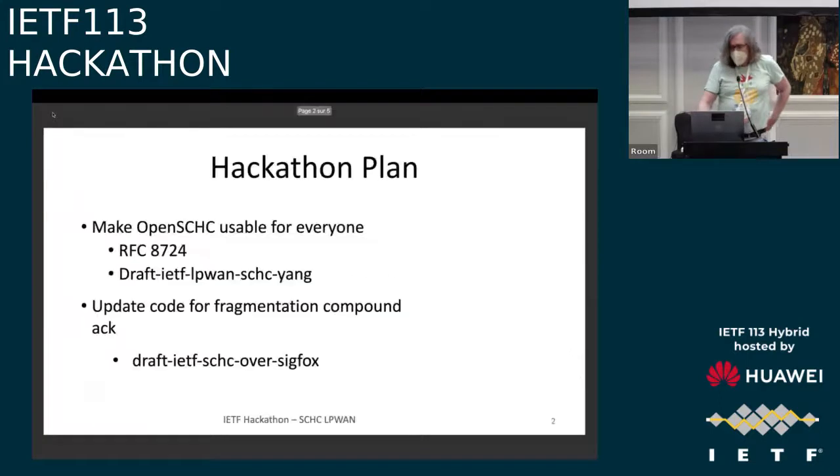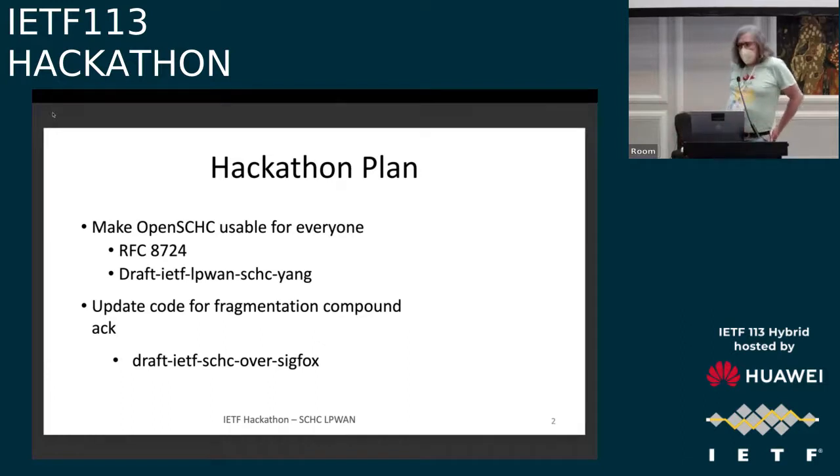Okay, so I will talk about what we have done on SCHC. SCHC is a protocol to compress IP headers to put IP in very constrained networks, such as LoRaWAN, Sigfox, or 5G narrowband IoT.